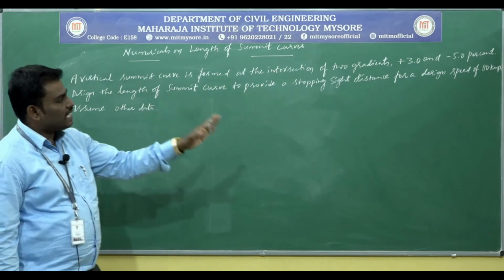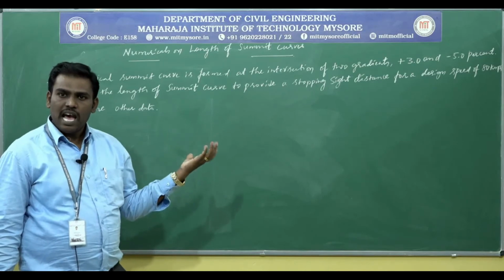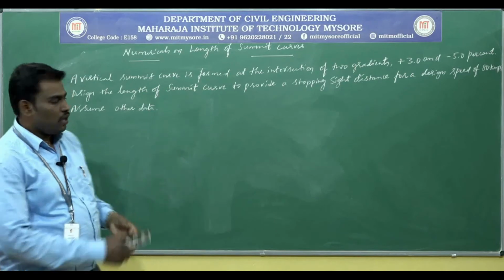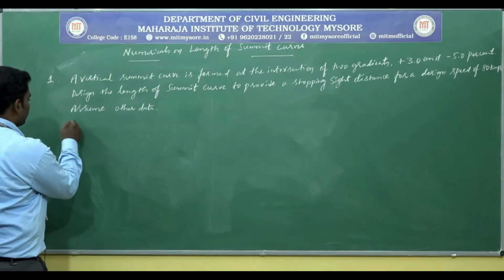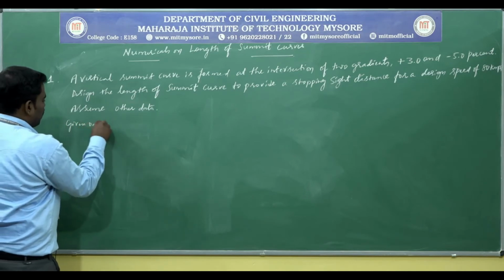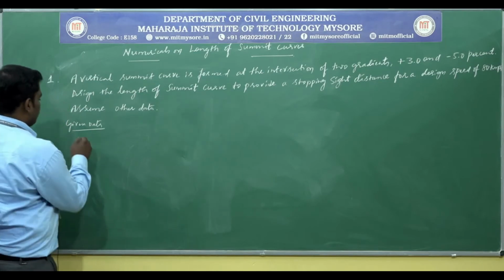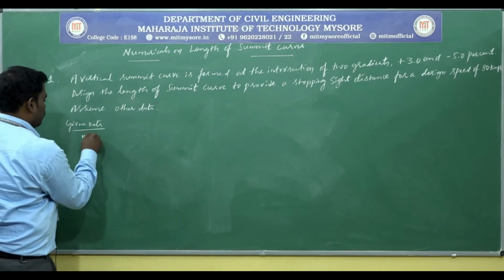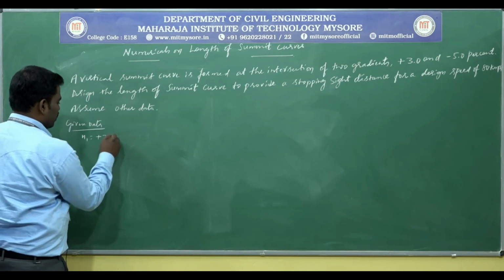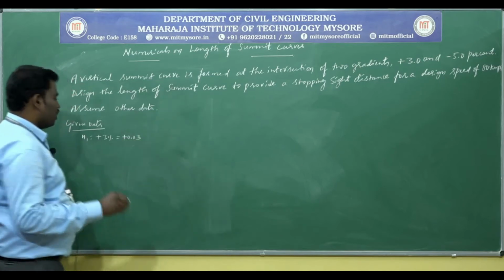They have given plus 3% and minus 5%. Plus always indicates ascending gradients and minus always indicates descending gradients. First write down the given data. N1 is equal to plus 3%, that is plus 0.03.